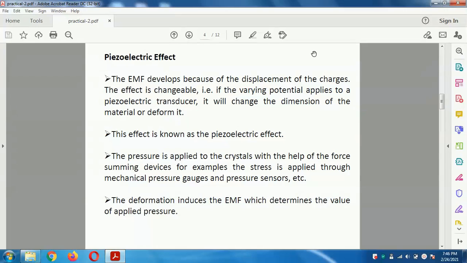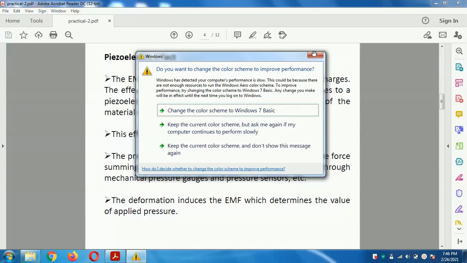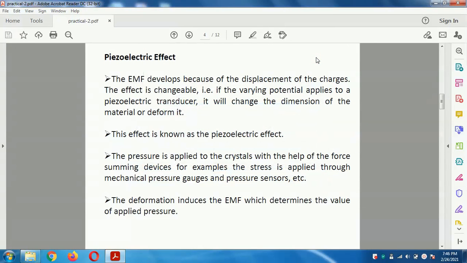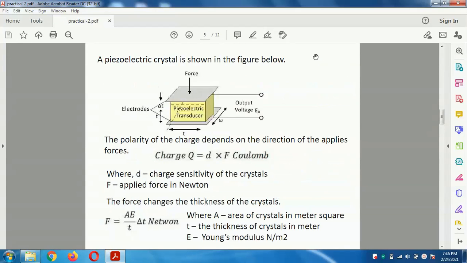What is the effect which causes the piezoelectric effect? The EMF is developed because of the displacement of the charges. The effect is chargeable and variable, and the piezoelectric charge will be produced when the dimension is deformed. When pressure is applied to the crystal, the deformation is induced in the form of EMF.